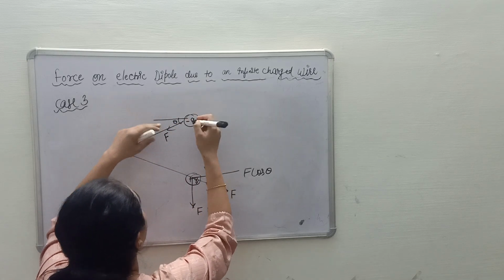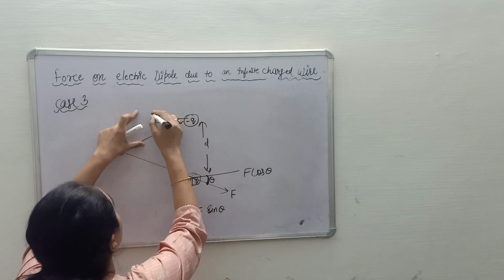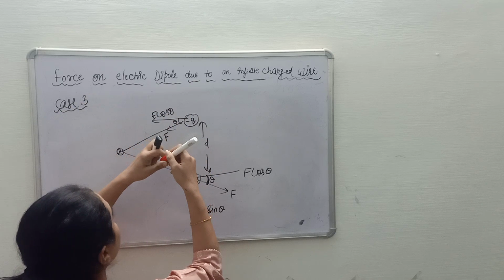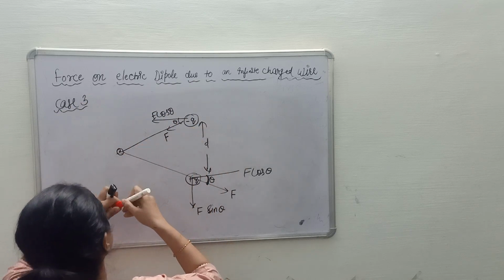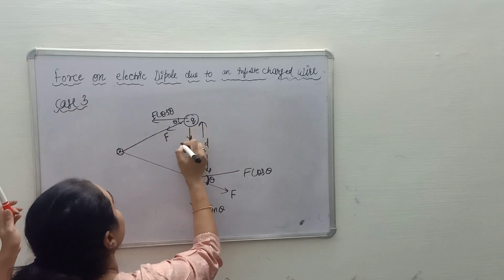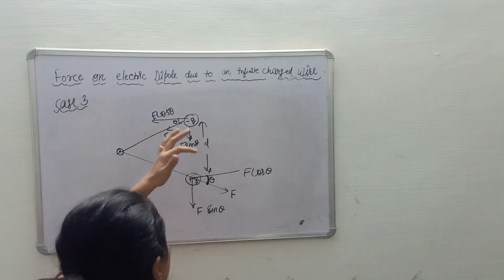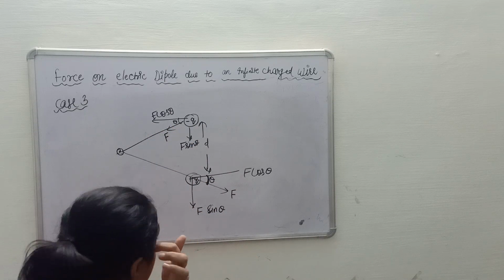So here we have two components. One is F cos theta directed in this direction, and this is the F sin theta in the downward direction, right? These two are the components of the forces now.